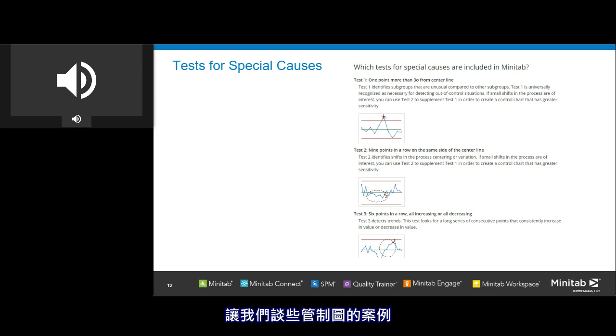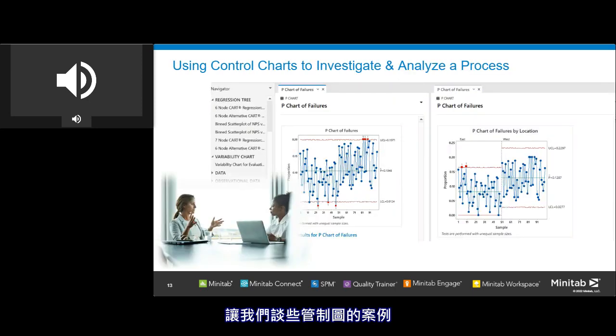So let's talk about some of the use cases for control charts. The most popular use case that we've seen in regular usage among process engineers, people in continuous improvement and operational excellence, is using the charts to investigate and analyze a process.